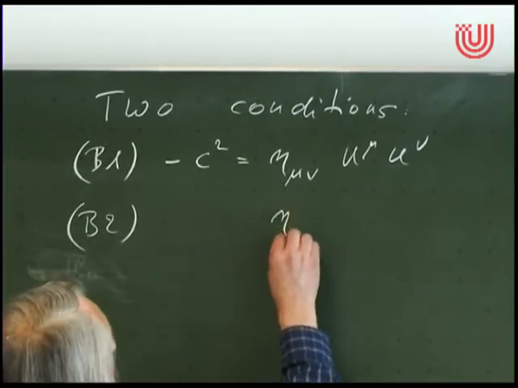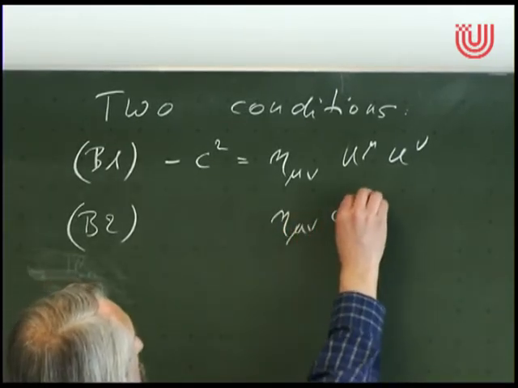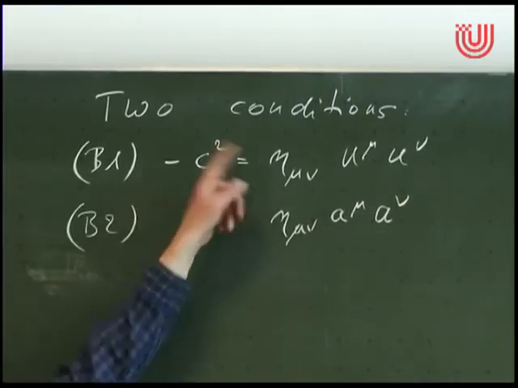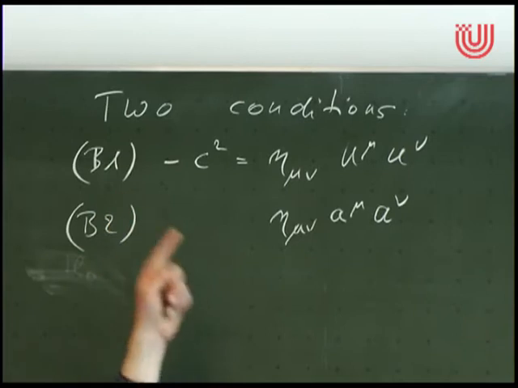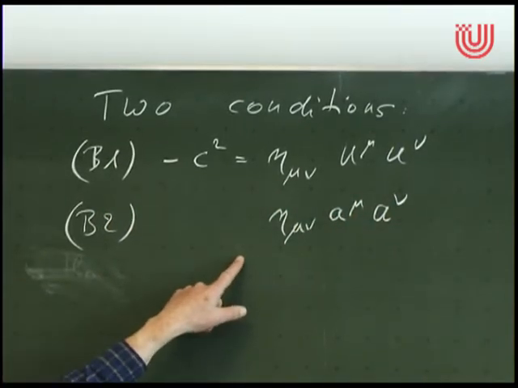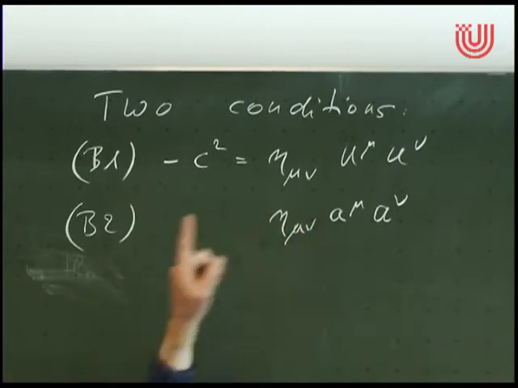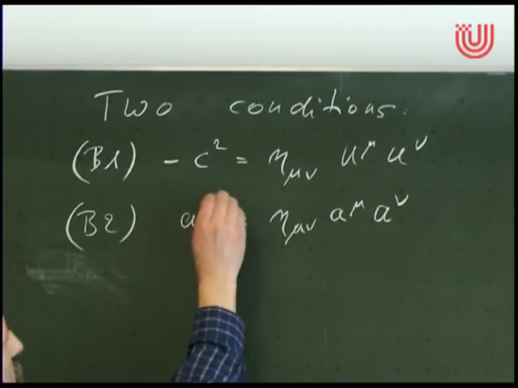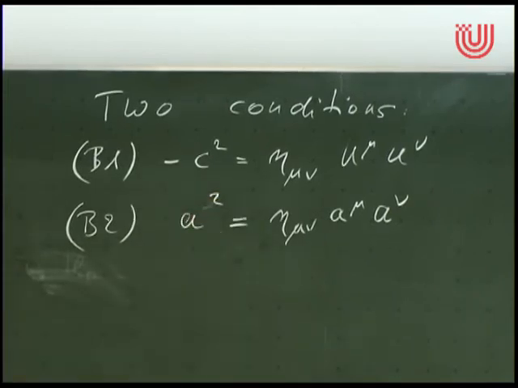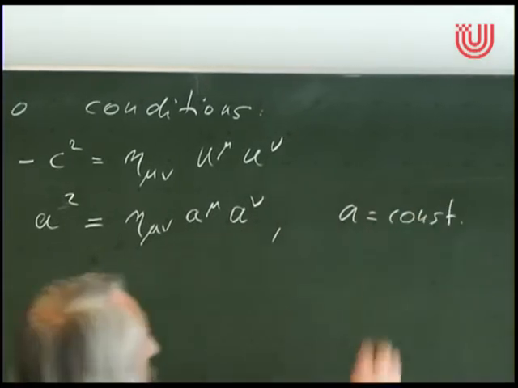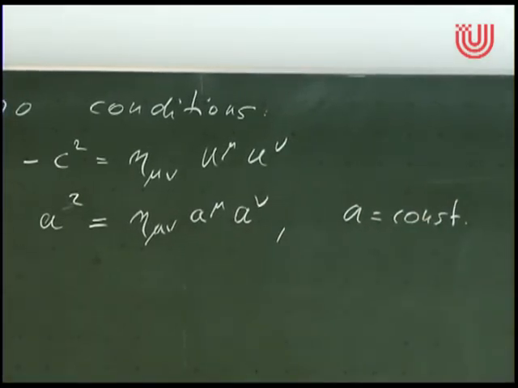So if I write this thing here, what's the sign of this? This here was negative, right? Because it's a vector inside the light cone. What's the sign of this here? I think it's still on the board. Yeah, there it is. This is positive. So if this is a constant acceleration, then this should be a positive constant. Let's call it a squared, where a is a constant. So these are the two conditions we have to satisfy.